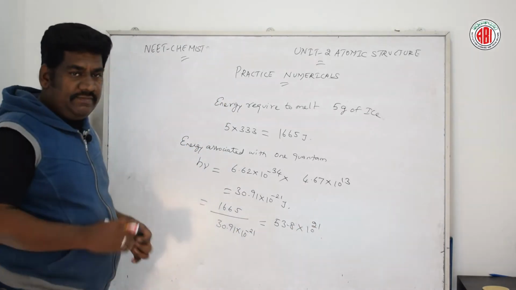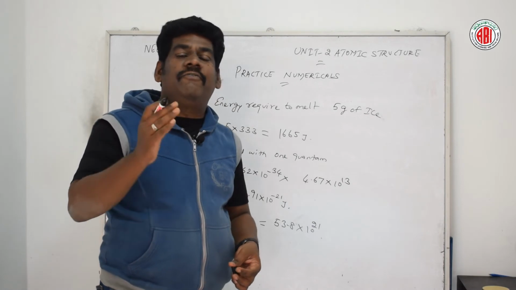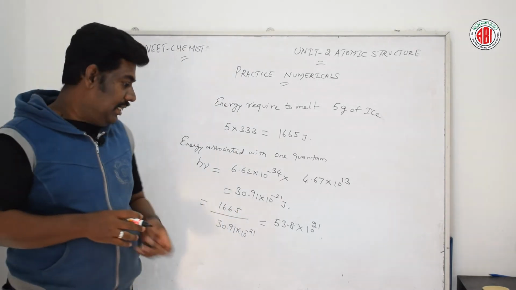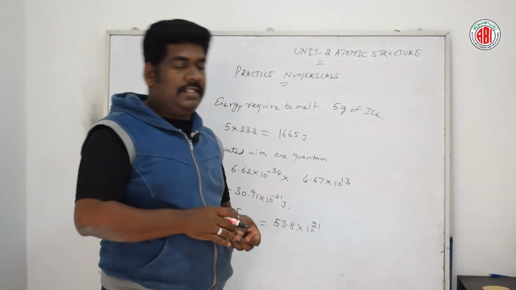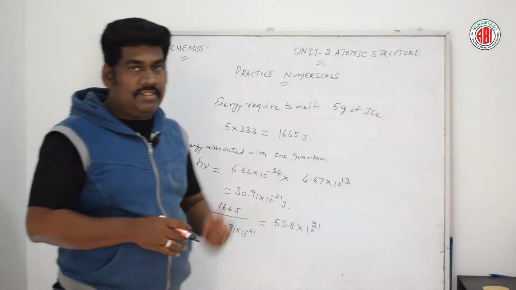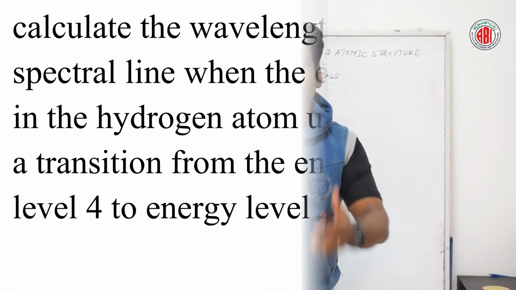Yes, this is the number of quanta required for melting 5 gram of ice. So 53.8 into 10 to the power of 21. This way we can solve this problem. Let us go for the next question. Now look at this next question, guys.